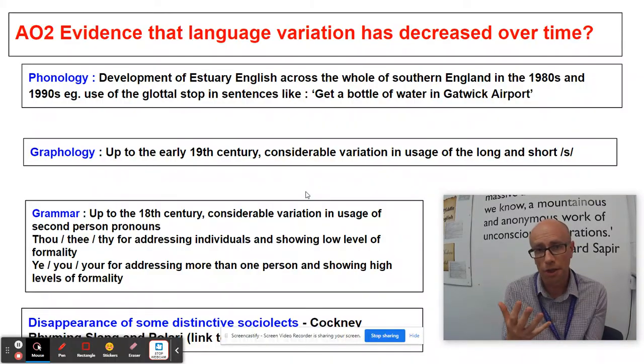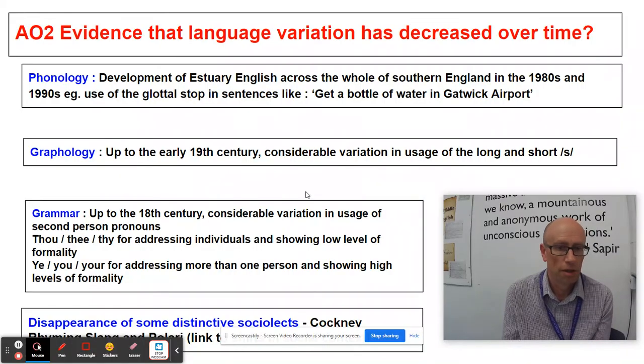And then when that social context changed, i.e. when homosexuality became legalised in 1967, that virtually led to the disappearance of Polari as this kind of coded language. Okay, so the fact that Cockney rhyming slang only really exists in a very watered down form, and Polari words like fantabulosa don't really exist at all. Surely that is more evidence that language variation has decreased over time.